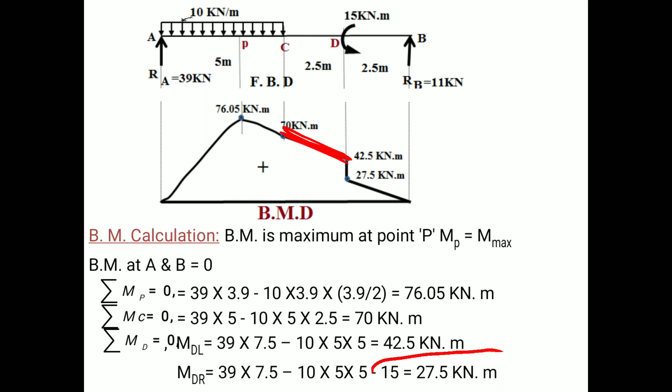At the same point we have 27.5 kilonewton meter, so it will go down from the value of 42.5 kilonewton meter to 27.5 kilonewton meter, and at point B again it is 0. In this manner, first of all we calculated the value of bending moment, and after that calculation we have drawn the bending moment diagram. So we will stop here.